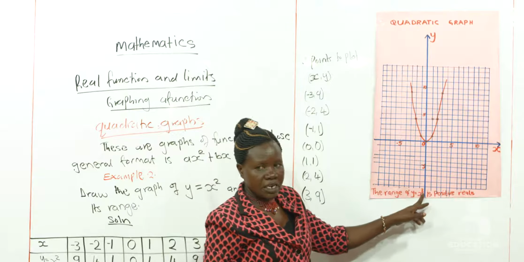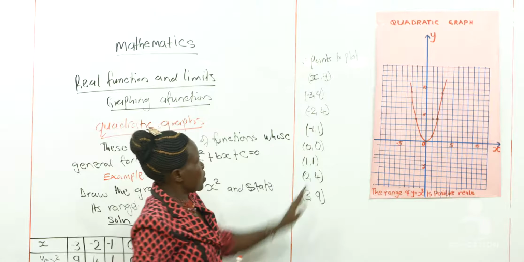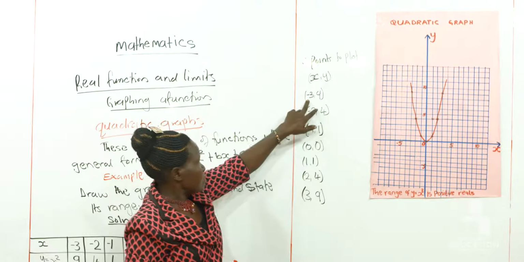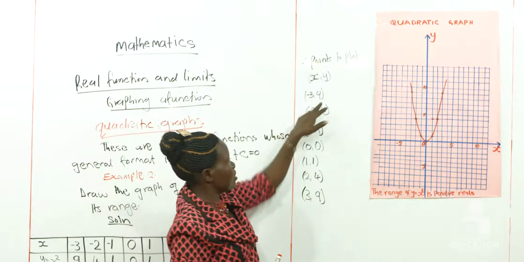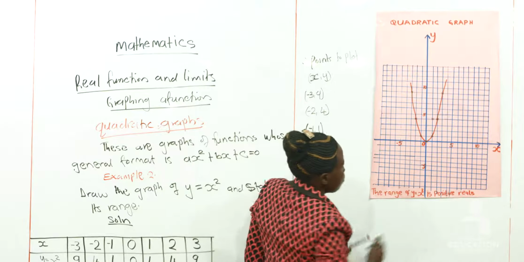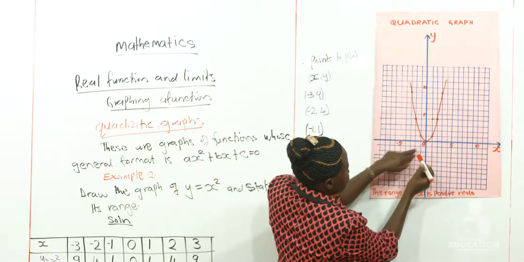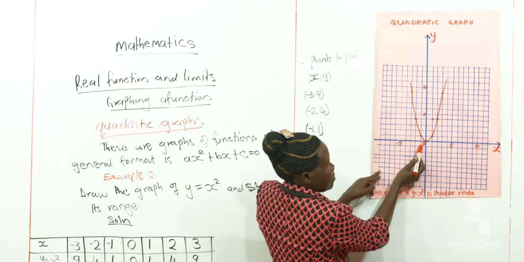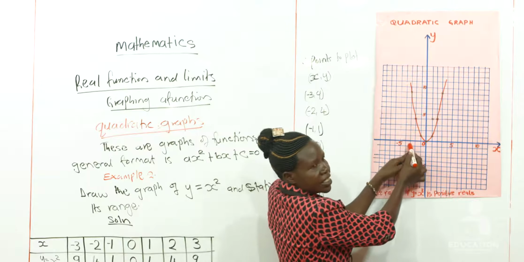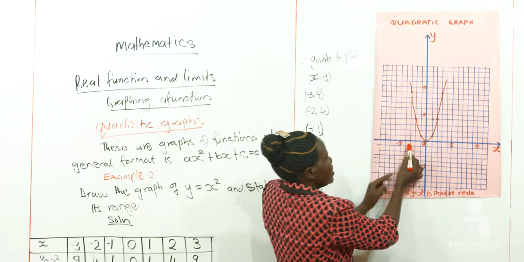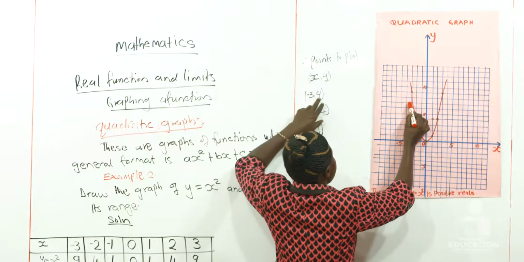So after you have got that as your graph, you can now come to your points here. The first point is x is -3 and y is +9. So you come to negative. Where is the -3? You move from 0 here. This is -1, -2, -3. So -3 is the third line. Then you follow this line straight upward where +9 is.